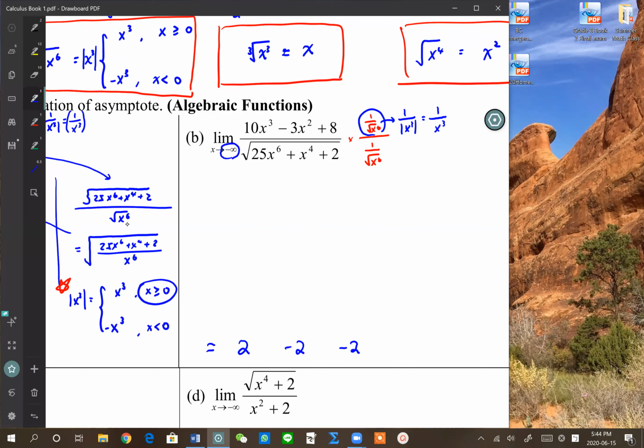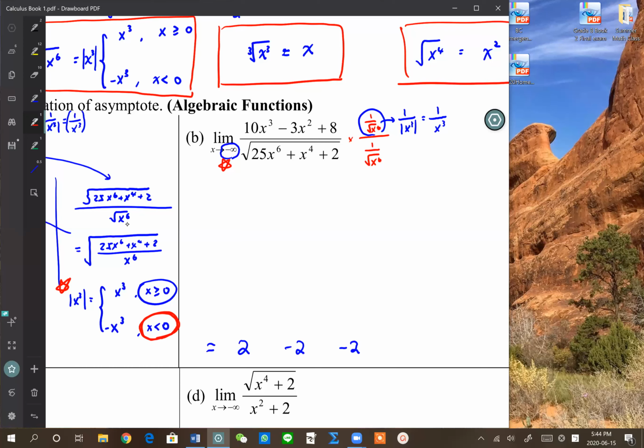So this is the part that you need to pay attention now, okay? Because the question has negative infinity. Do you see where I put the star? Then that means all the x will become negative. So you have to choose, right? Look at the bottom left corner, choose the negative piece, x less than 0.